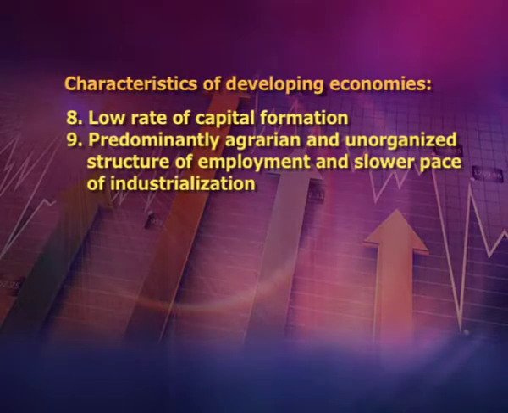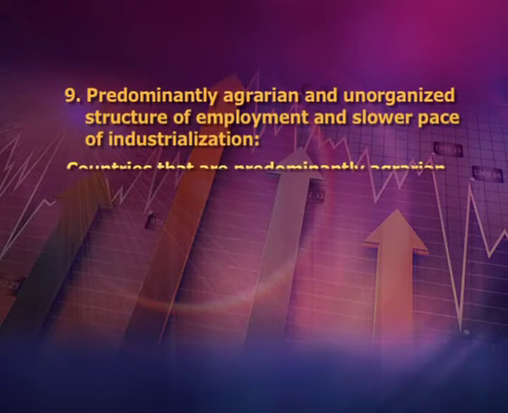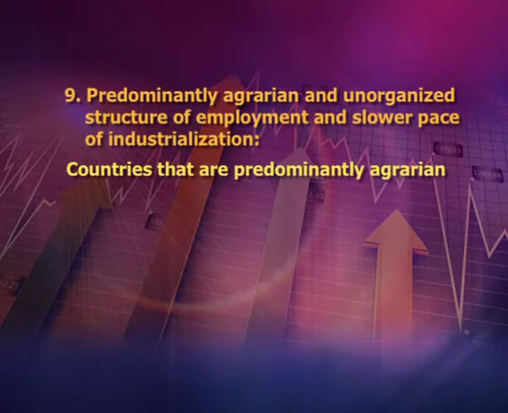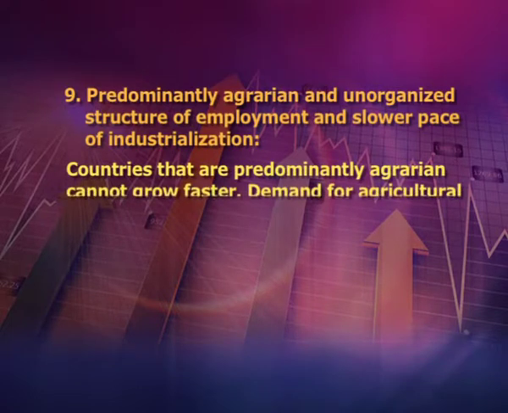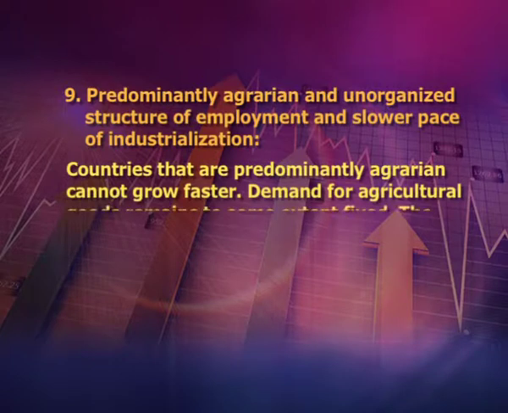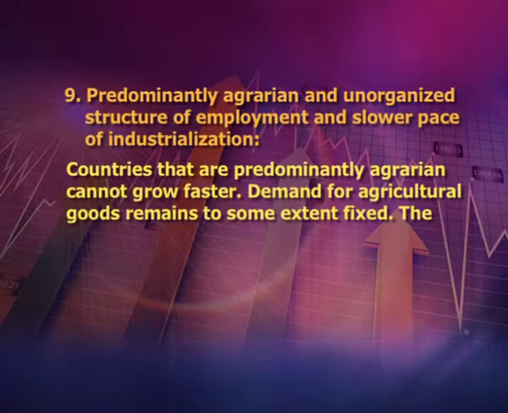Now, let us look at another characteristic, that is, these countries are predominantly agrarian, an unorganized structure of employment prevails, and the pace of industrialization is slower. Countries that are predominantly agrarian cannot grow faster. Demand for agricultural goods remains to some extent fixed.